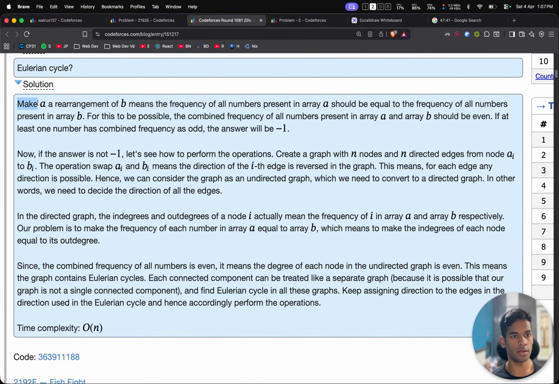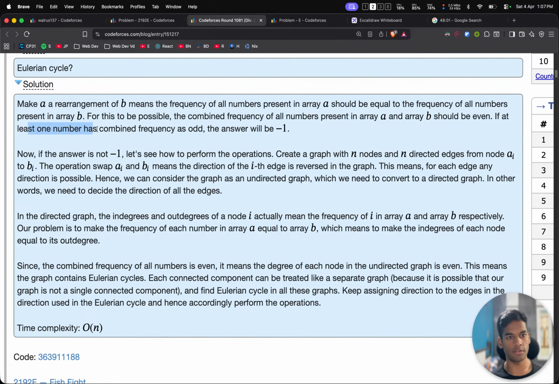Making a rearrangement of B means the frequency of all the numbers present in array A should be equal to the frequency of all the numbers present in B. For this to be possible, the combined frequency of all the elements in A and B should be even. Yes, that should be even to split them evenly.